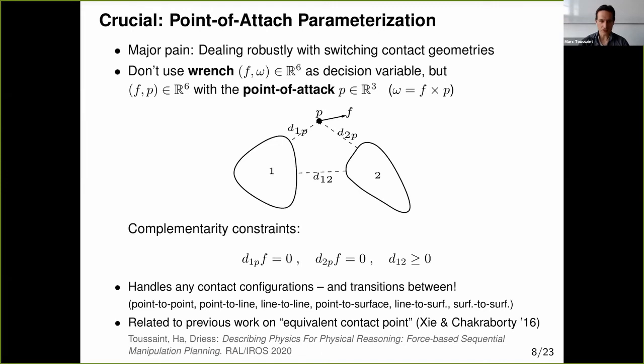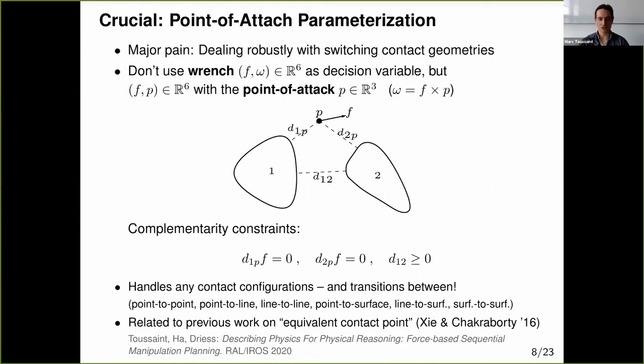So the point of attack is a point which can fly around in space. It's the zero moment point via which the 2 objects exert their forces. And naively, it can fly around anywhere in free space. But of course, if the force is non-zero, then it must not be in free space, but it must be on the surfaces, on both surfaces, right?